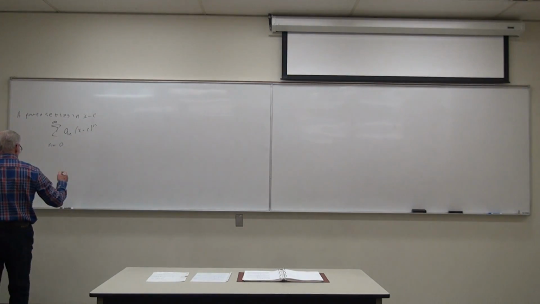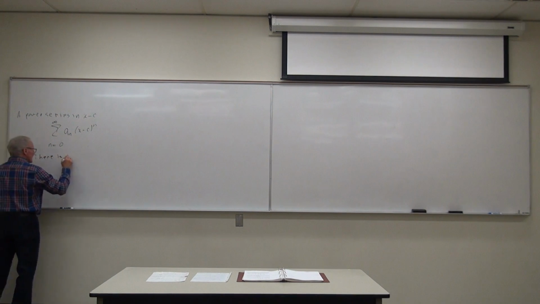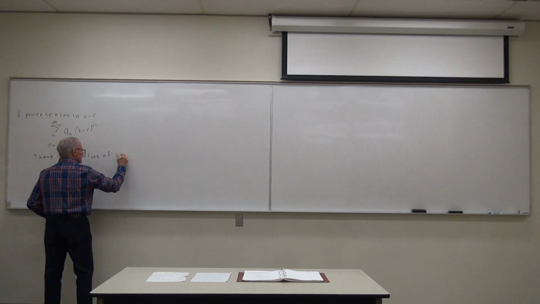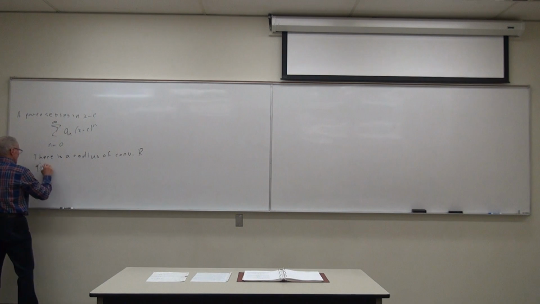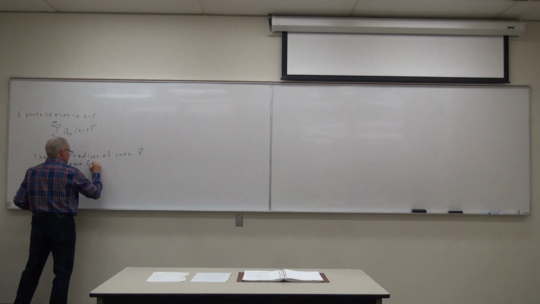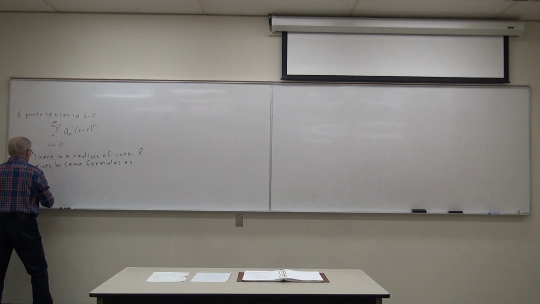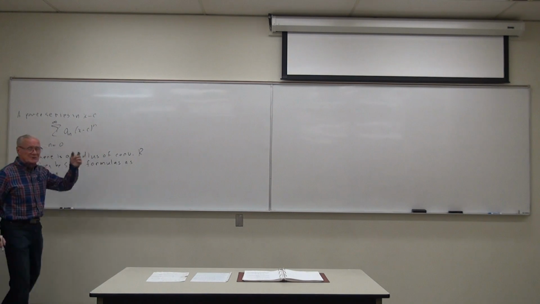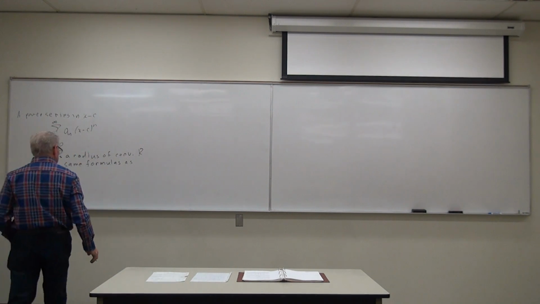For this, there is a radius of convergence given by the same formulas as before. So whatever formula we had for finding radius of convergence for all those power series in x, it works here. All right, same formula.